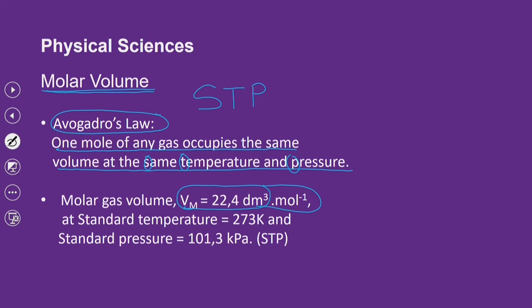At standard temperature, 273 Kelvin, and your standard pressure is 1 atmosphere, which is 101,3 kilopascal. So that is molar volume. And Avogadro states that any gas at STP occupies the same volume, which is 22,4 cubic decimeters per mole.